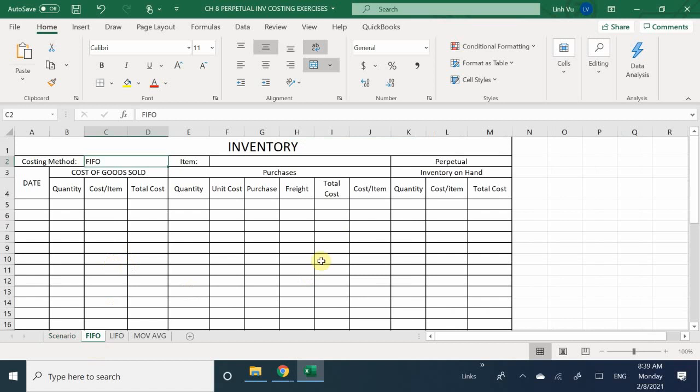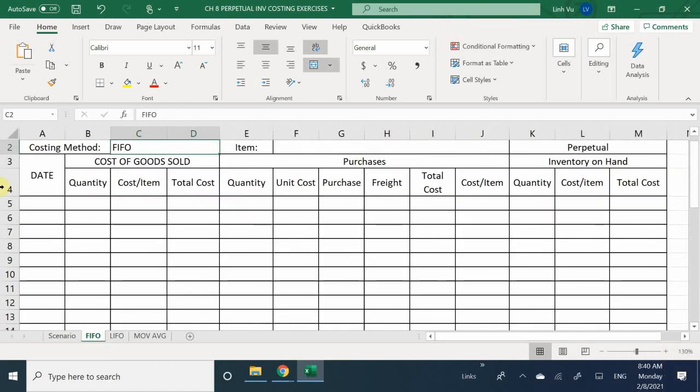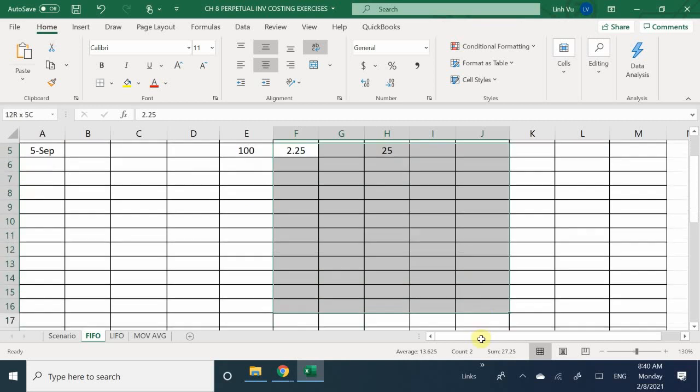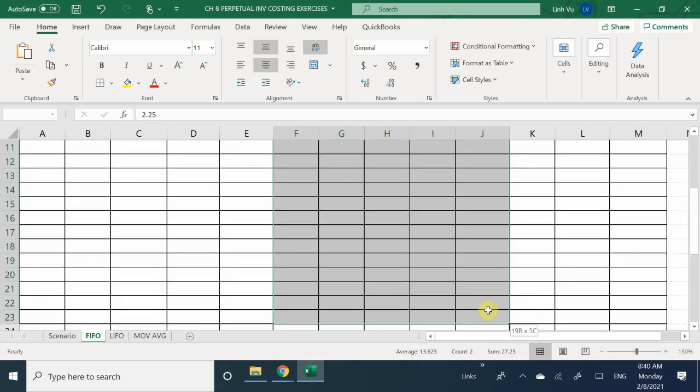Okay, so I'm going to go to my table here. What was the September 5th? September 5th, we bought 100 toys at $2.25 each with a freight of $25. So, what is going to be my purchase price? $225.